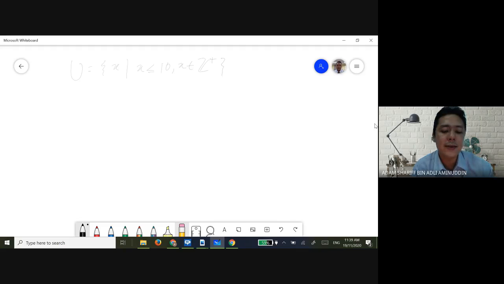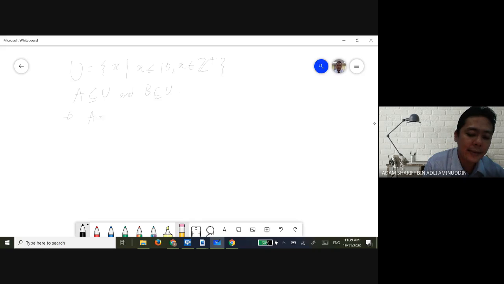Suppose my universal set is defined as this, and A is a subset of U, and B is a subset of U. A is given as the elements Y where Y is even.